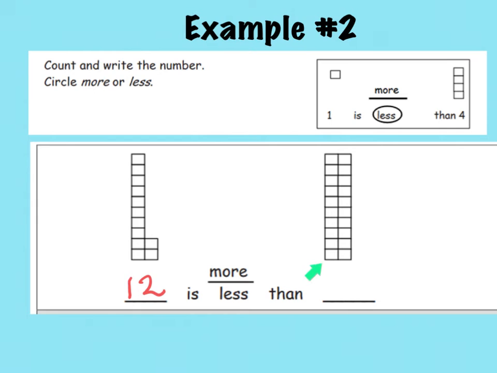There are 1, 2, 3, 4, 5, 6, 7, 8, 9, 10, 11, 12, 13, 14, 15, 16, 17, 18, 19, 20 cubes. 12 is less than 20 because it doesn't have as many cubes.